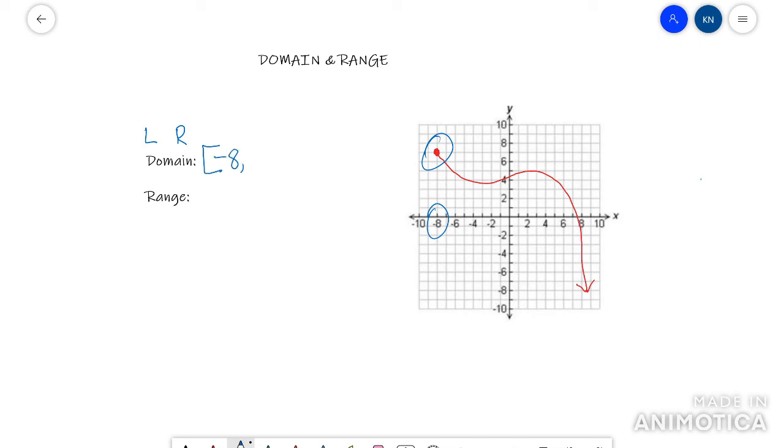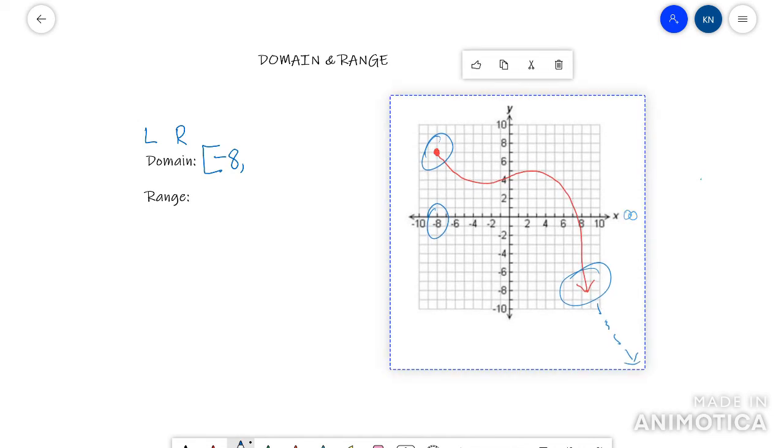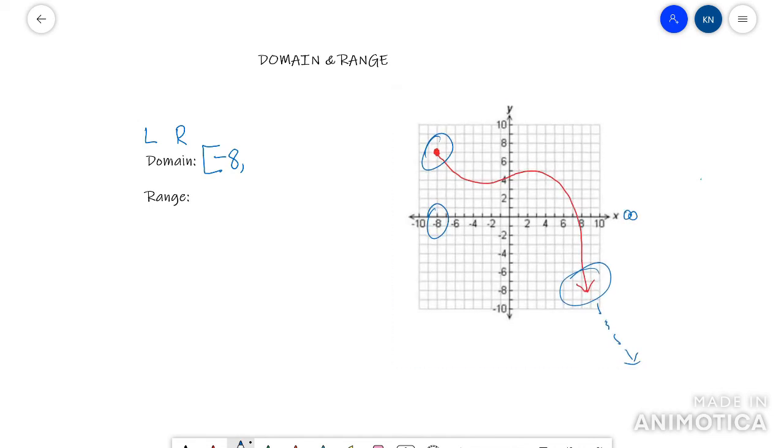How far right it goes would be this. Well, this arrow means that this guy's going to continue going down and over forever. So how far right it goes, if you think about this x-axis, infinity would be if you kept going right. So I'm going to go right until infinity. And on infinity, you always use a parentheses.